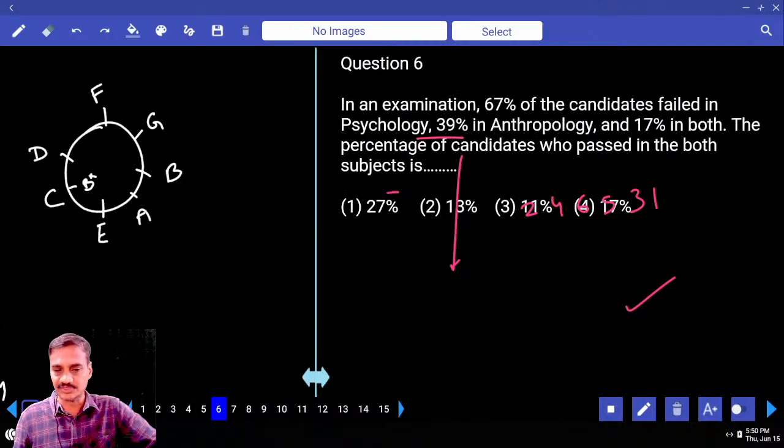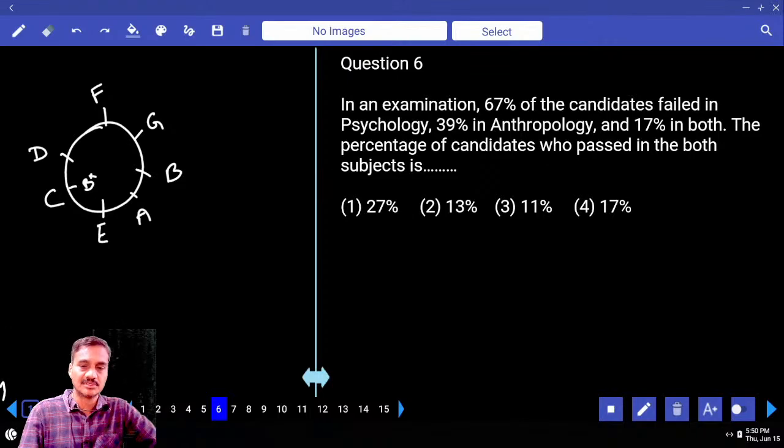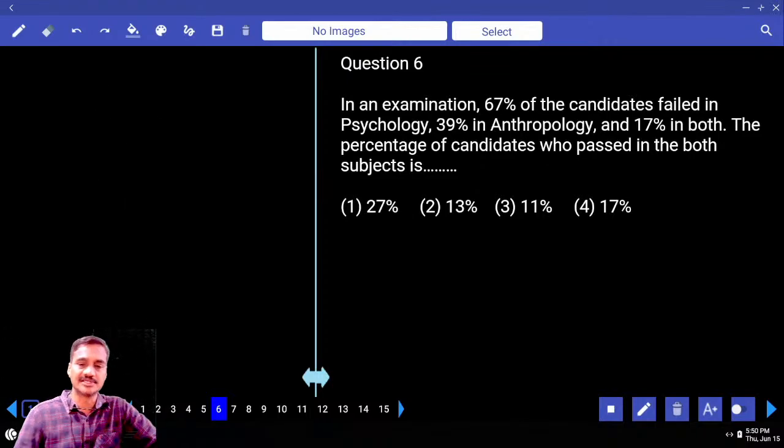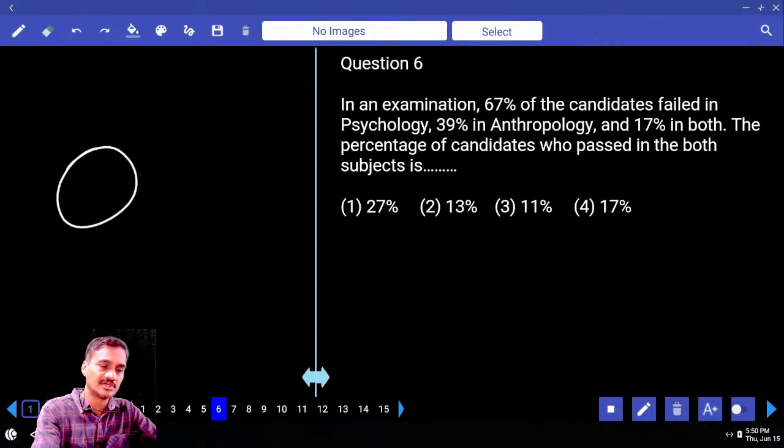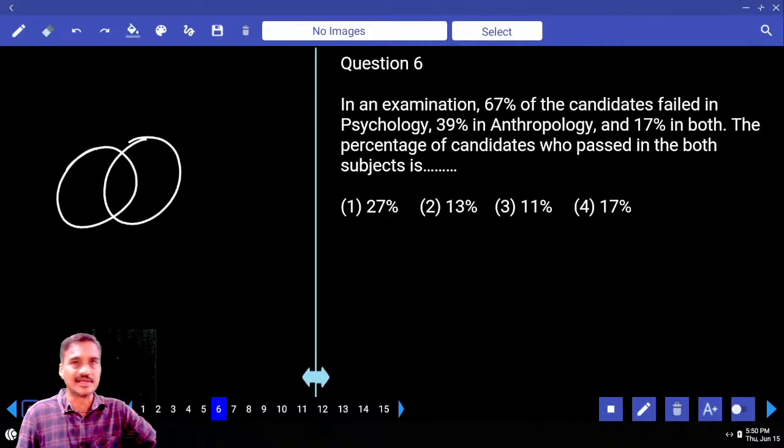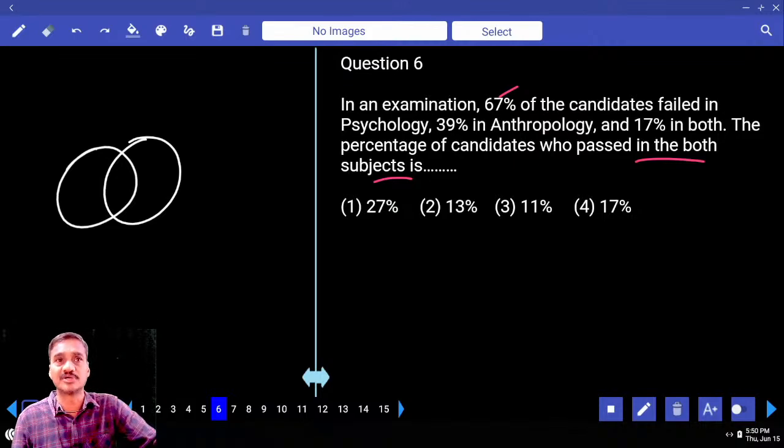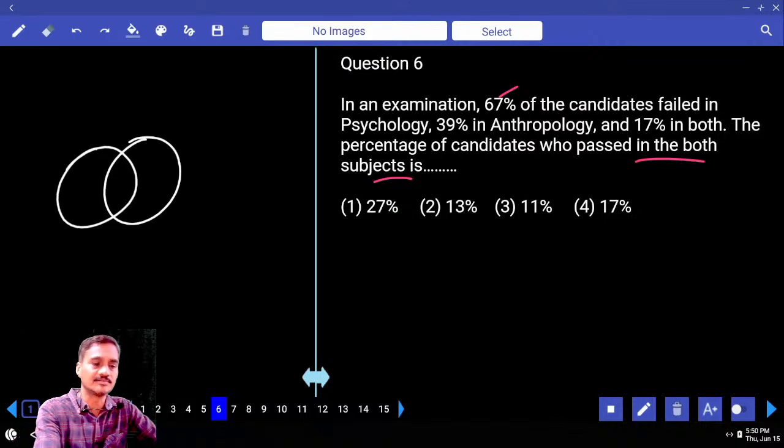Then coming to question number 6. In an examination, 67% of the candidates failed in psychology and 39% in anthropology. Here we are drawing the diagram for failed candidates. The question is who passed in both the subjects. If 67 failed in psychology, how many students passed in psychology? 33. 33 passed in psychology.